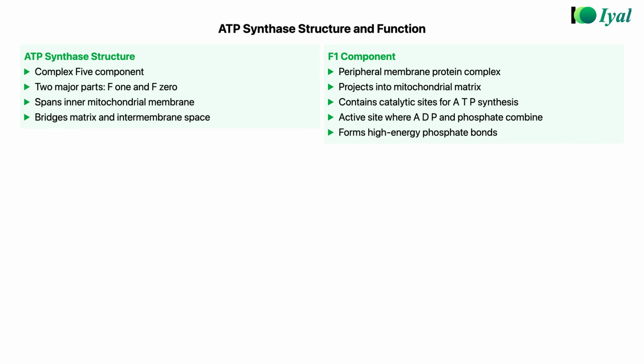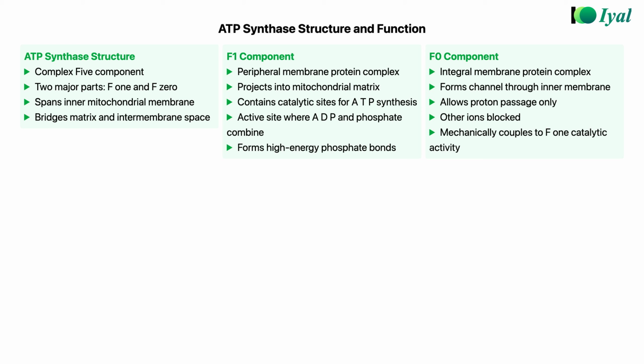The F1 part is a big protein complex that sticks out into the matrix. This is where ATP is actually made. Inside F1 are catalytic sites. These sites grab ADP and phosphate and join them together. Chemical reaction happens. Bang! ATP is formed. A high energy bond is created. F1 is the factory.